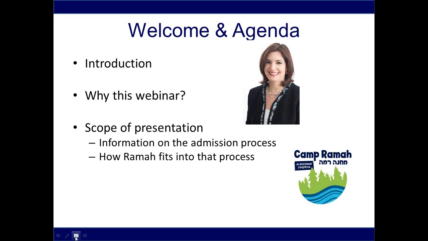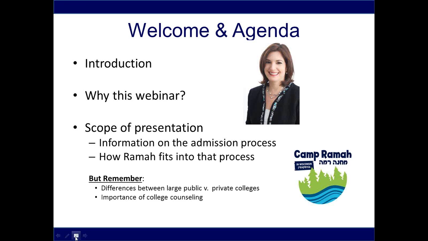So what I'm going to be talking about tonight is, at the beginning, some information on the admissions process generally, and then talking about how Ramah in particular fits into that process. I also want everyone to keep in mind that there are some pretty substantial differences between how large public universities handle their admissions processes from how private colleges handle their admissions processes.